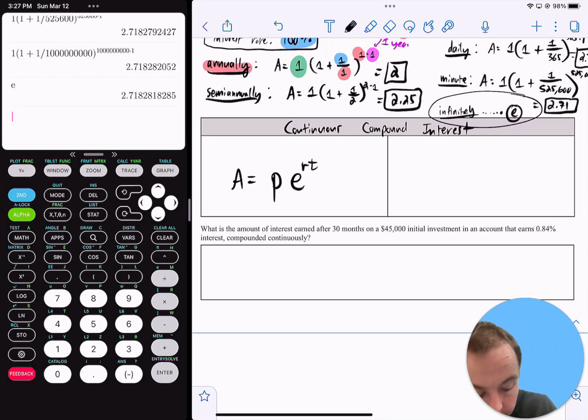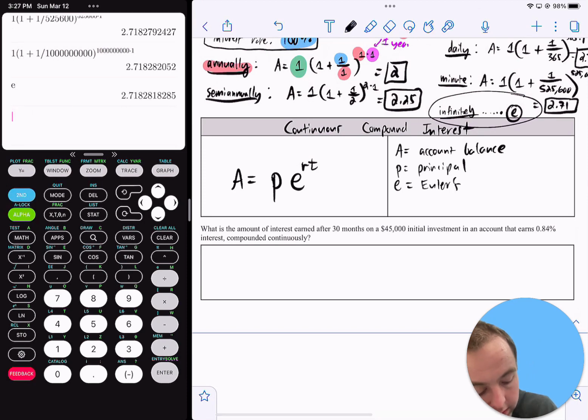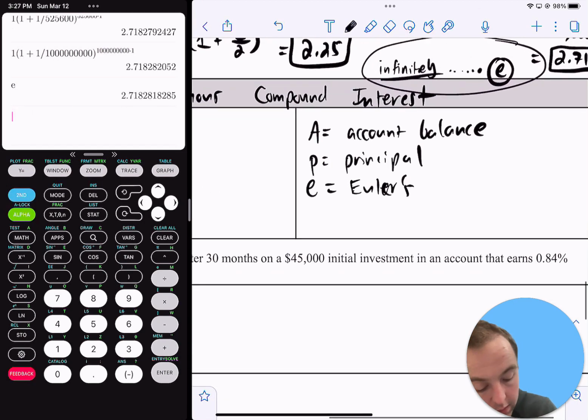So we know what most of these things stand for already. A is going to be the account balance in your account, and P is going to be the principal, the starting amount that you have in your account. And then E is just a number. E is actually called Euler's number. Euler is just a famous mathematician.